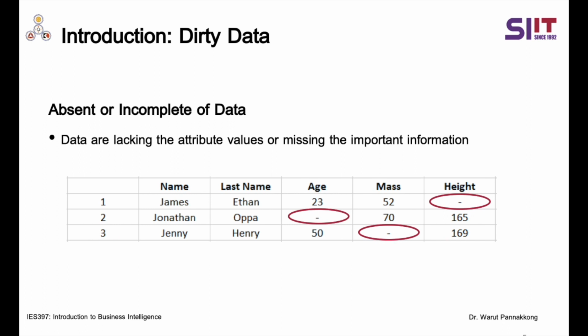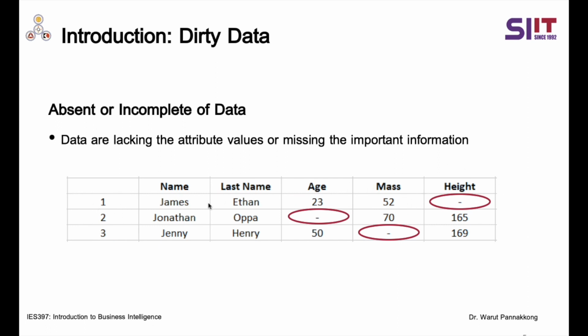Example of absent or incomplete data. It means data are lacking attribute values or missing some important information. For example, from this table, we see that the data table consists of name, last name, age, mass, and height attributes.